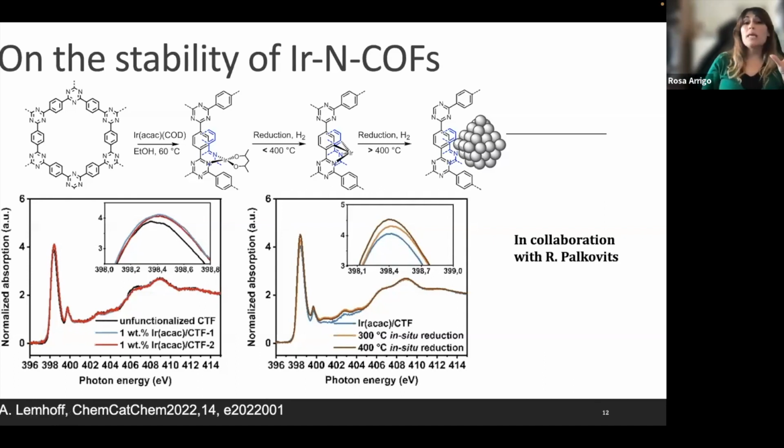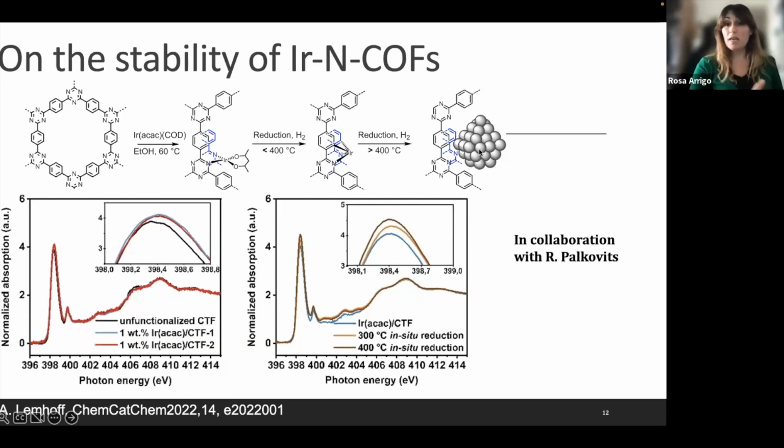we don't see anymore that Blyholder mechanism of interaction that I showed you before, because of the poor aromatic character, if you want, of this material. But we still see a coordination, a sigma donation from the nitrogen to the iridium, as shown by this shift and broadening of the peak, with slight increase of intensity consistent with a donation from the nitrogen to the iridium, which is increased further under hydrogen and the formation of metallic nanoparticles.